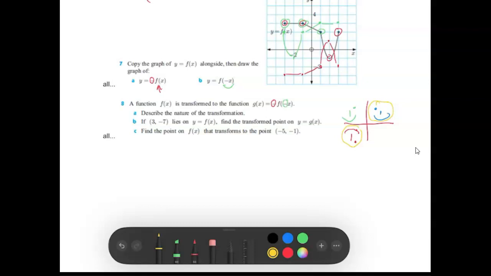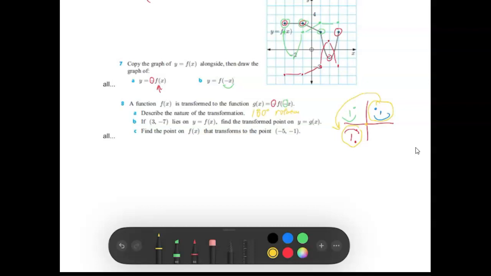I don't know if you can see this, but this is what they call a rotation. So if I rotate the original function around the origin by 180 degrees, I would end up with the red function. So this would basically be a 180 degree rotation. And I don't even need to say clockwise or counterclockwise, because with a 180 degree rotation, it doesn't matter which way you go. You end up in the same place, right?